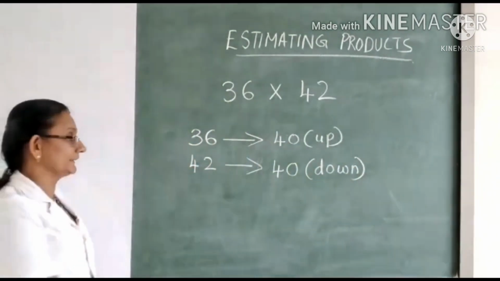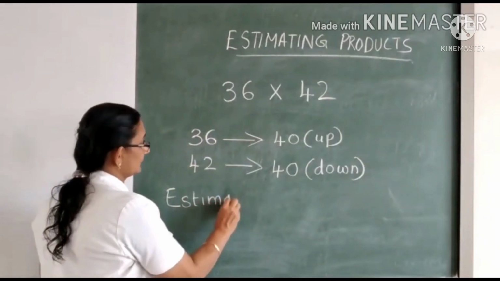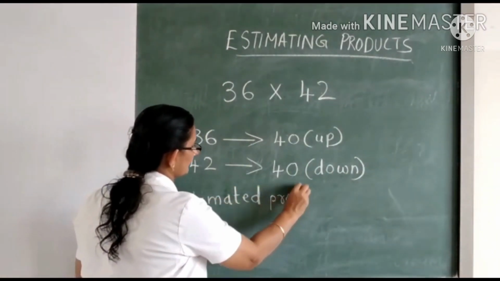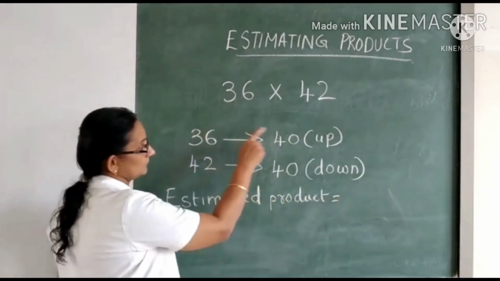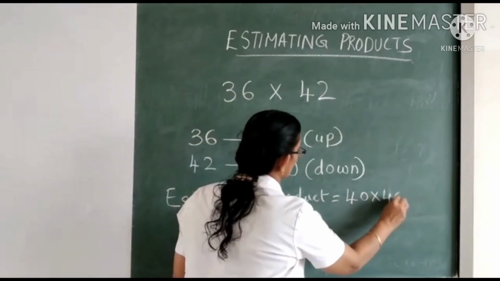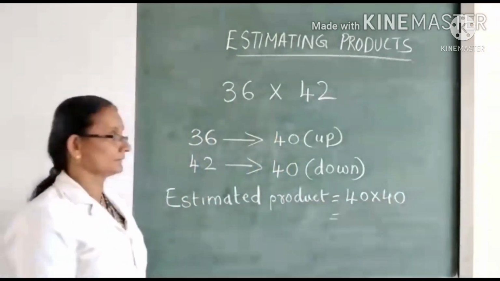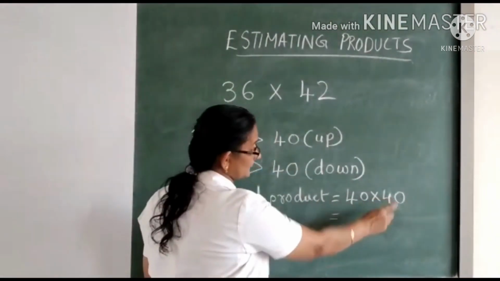Now, the estimated product is equal to 40 into 40. Yes? What is 40 into 40? See, you are multiplying 40 with a multiple of 10, isn't it?